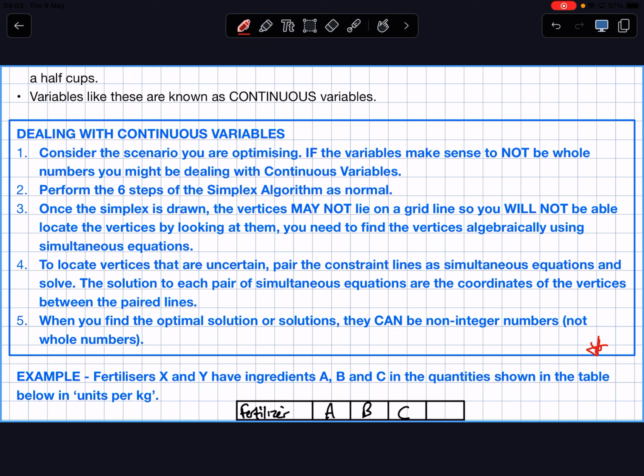So I'm hoping it's become clear now why I told you needed to get good at the simplex algorithm, because that's all you've been doing since it was taught. Just slightly different things to think about.